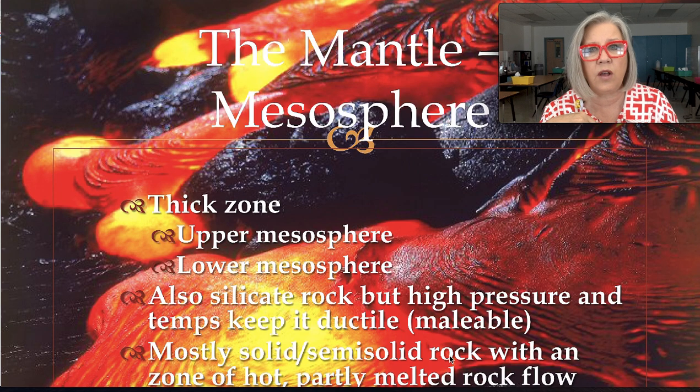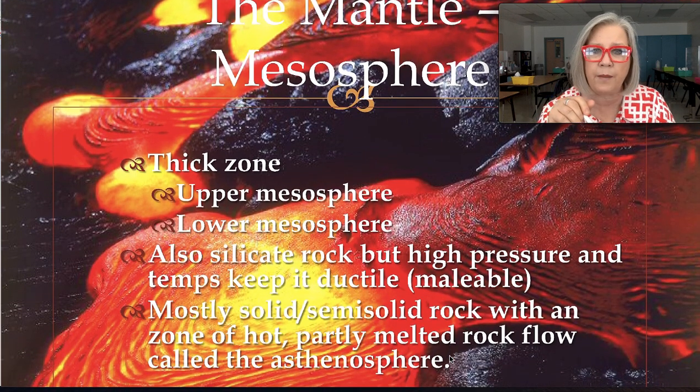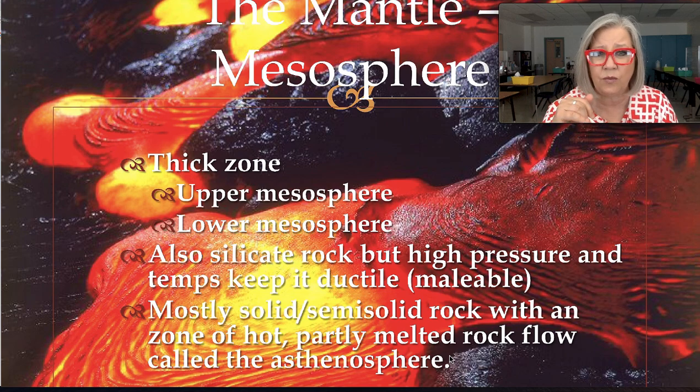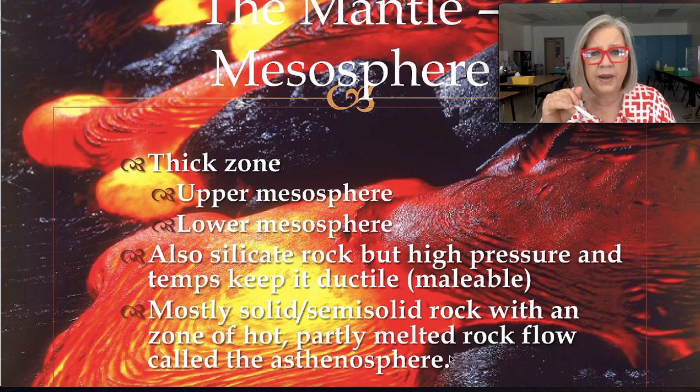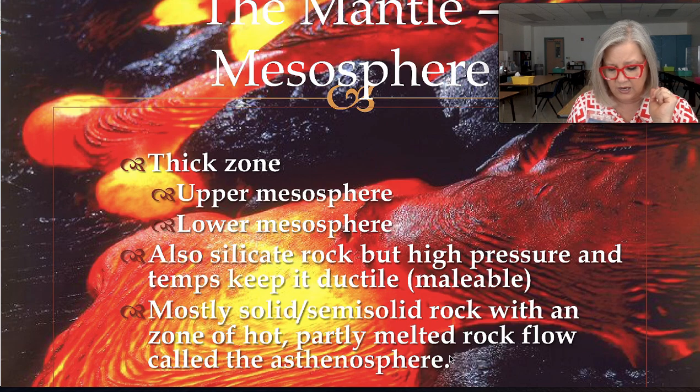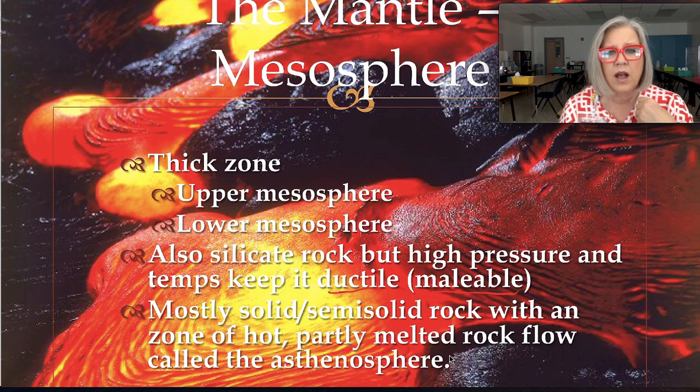The next level is called the mantle or the mesosphere. Remember, meso means middle. So the mantle has a couple layers also. It has an upper and it has a lower. It's the thickest of the layers, and it's silicate rock. So once again, a lot of silicon in it, a lot of oxygen, but it's under high pressure and temperature, so it keeps it like Play-Doh, which is the word ductile, or also malleable is another way to state that.